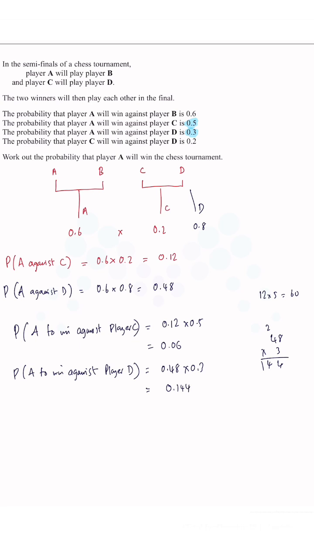So the chance of player A winning the chess tournament is 0.06 plus 0.144. Add them together, you get 4, 10, carry the 1, you get 0.204. And that's the chance of A winning the whole tournament.